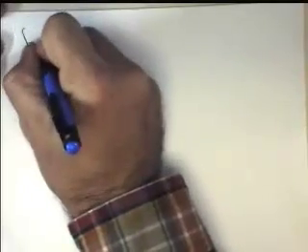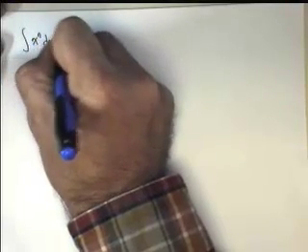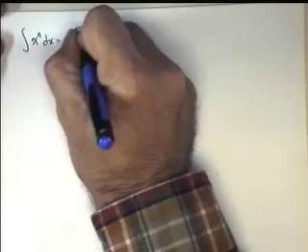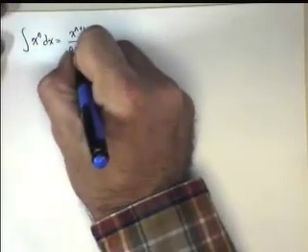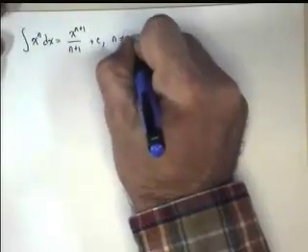I'll leave the derivation of the logarithm rules and exponent rules, derivative, antiderivative, etc., to you to read in the text, but suffice it to say, in Chapter 6 we have learned the following new facts. First of all, the antiderivative of x to the n dx we know is x to the n plus 1 over n plus 1 plus a constant when n is not equal to negative 1.